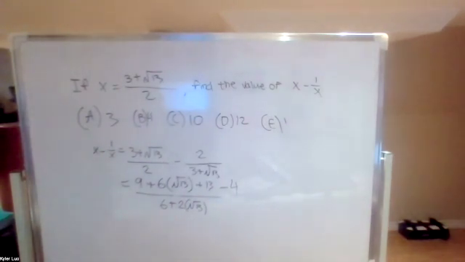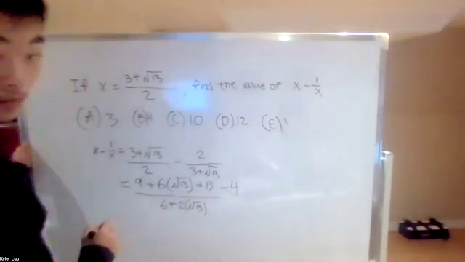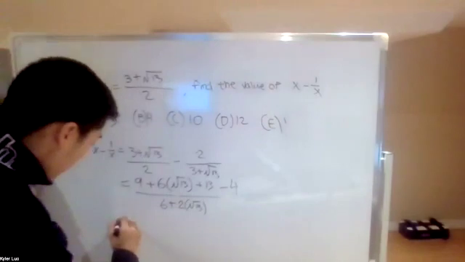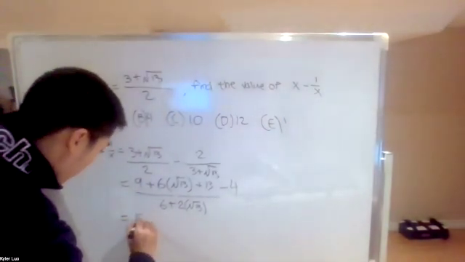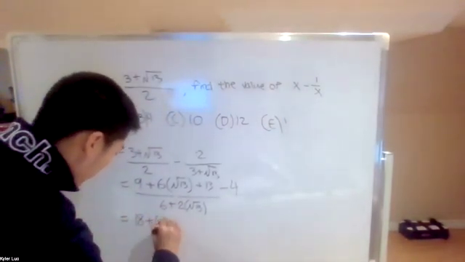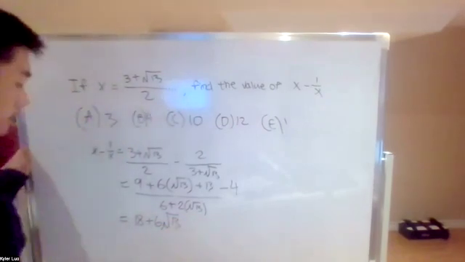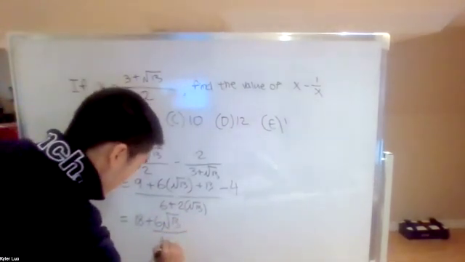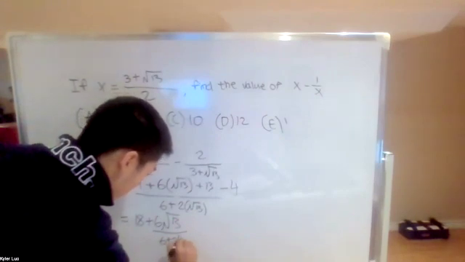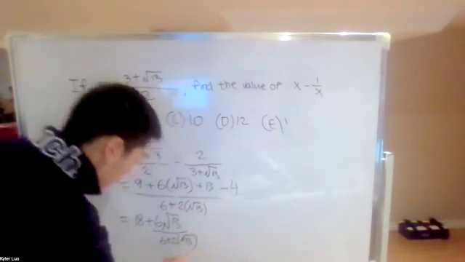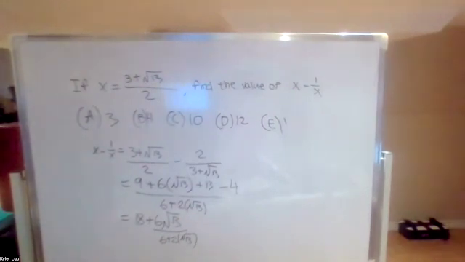And then that is equal to 18 plus 6 times square root of 13 over 6 plus 2 times square root of 13. And then from there, for the numerator, you can take out the 3.